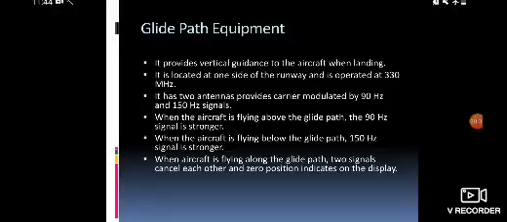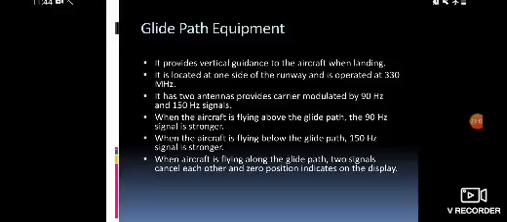Whenever the aircraft is flying below the glide path, the 150 Hz signal is going to be stronger. Like this we can see the height on the glide path, and we can observe at which height we are with this glide path equipment.